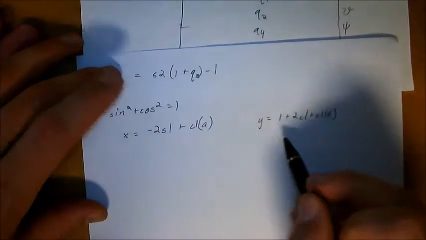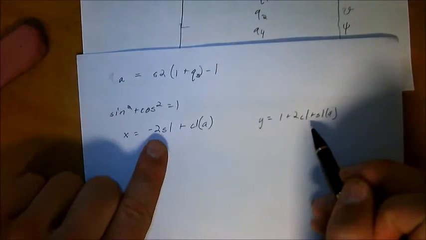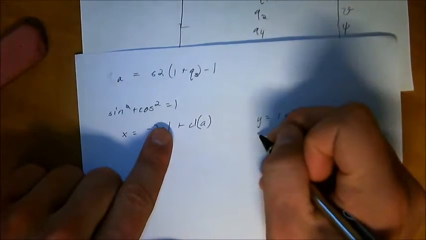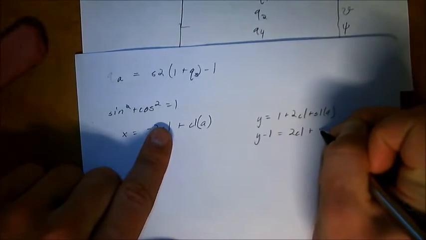So now I've got my two equations with the a taken out, so it's all clean and easy. If I do one more step here, y minus 1 is equal to 2 cosine of q1 plus sine of q1 times a.